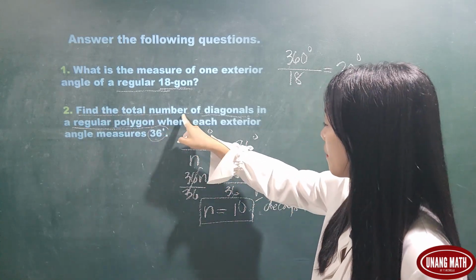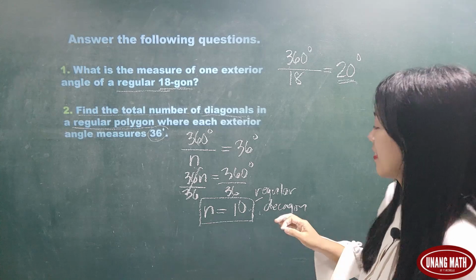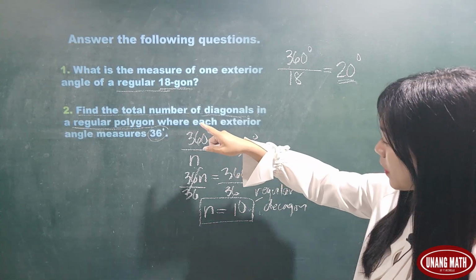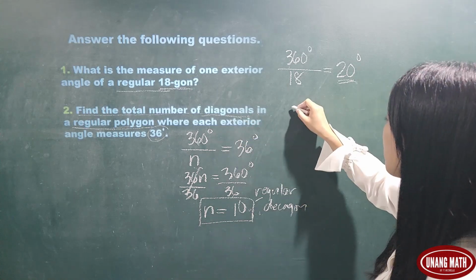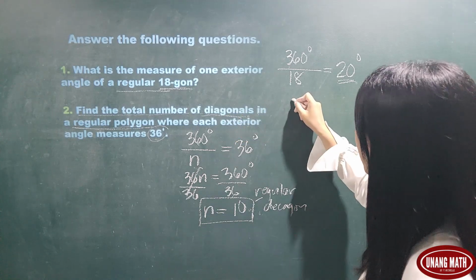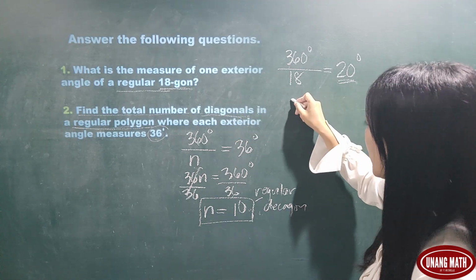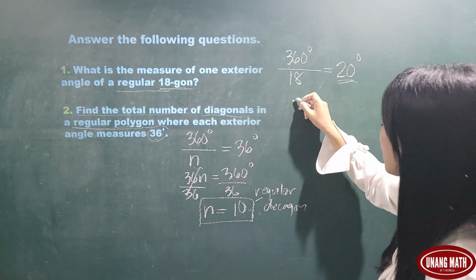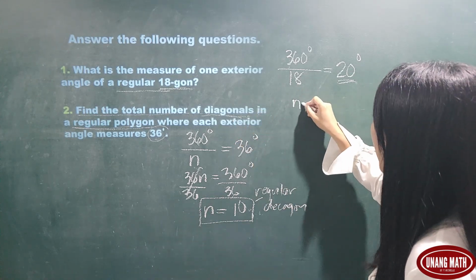Now, let's go back to the question. Find the total number of diagonals of this regular decagon. To find the total number of diagonals, in one vertex we can draw n minus 3 diagonals.